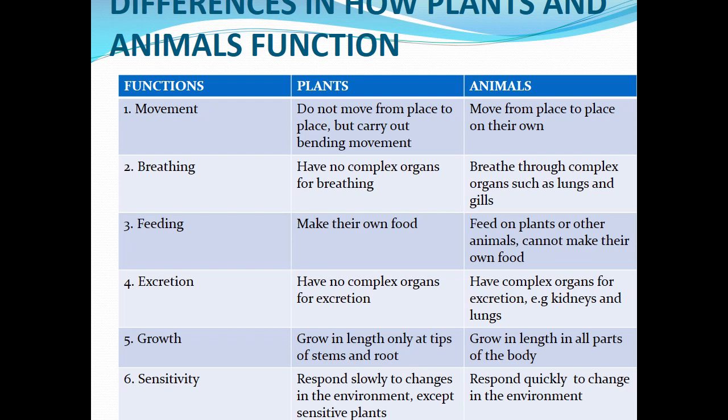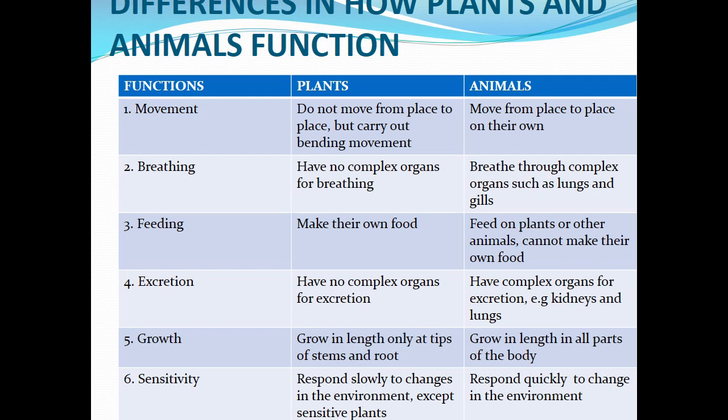Plants don't change position in their movement. All that plants do is that they can bend parts of their bodies. But animals move from one place to another on their own. So animals can change location completely on their own.